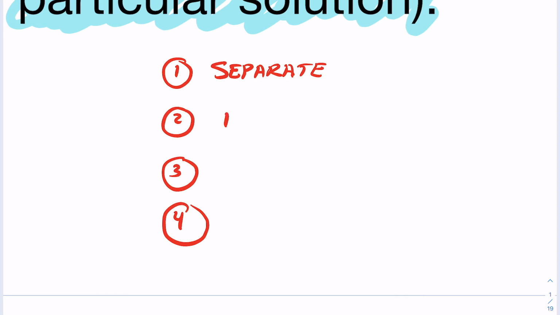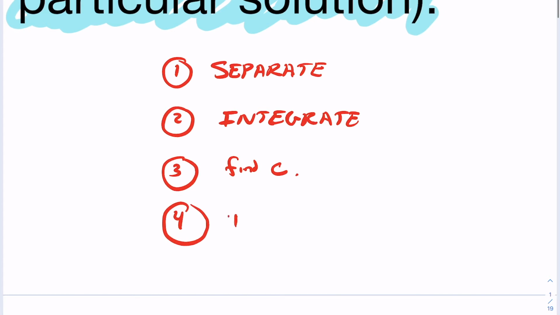Next step is to integrate. Third step, find C. And then the fourth step is to isolate. Okay, separate, integrate, find C, isolate. And that'll click a lot more once we actually do all of these problems here, okay?